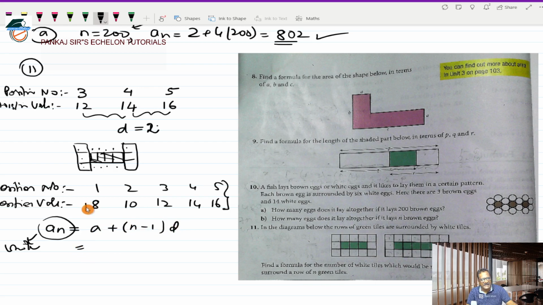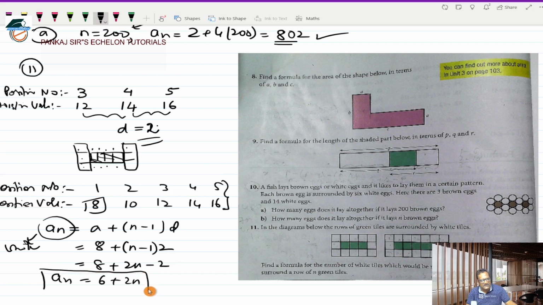Your a in this case is 8 plus n minus 1, and your d is nothing but 2. This will work out to 8 plus 2n minus 2, which is 6 plus 2n. So this is the formula which will tell you how many white tiles are needed when the number of green tiles is n.